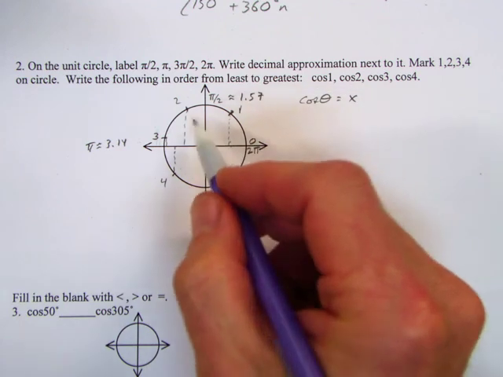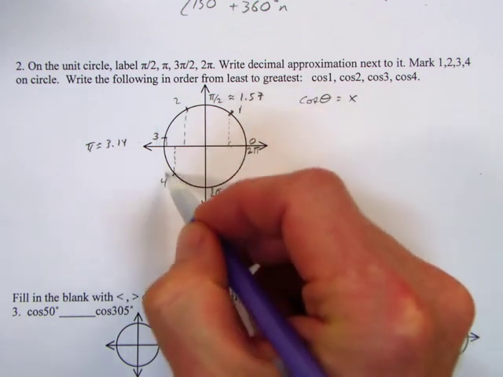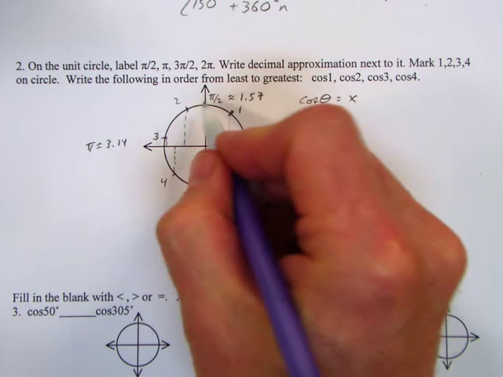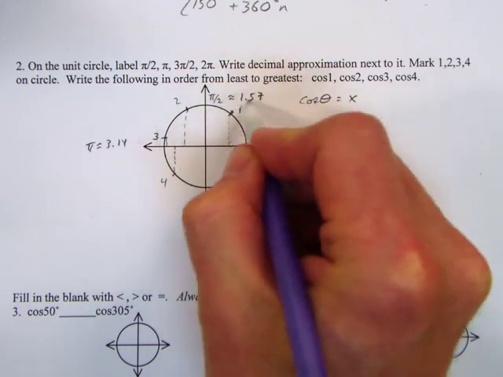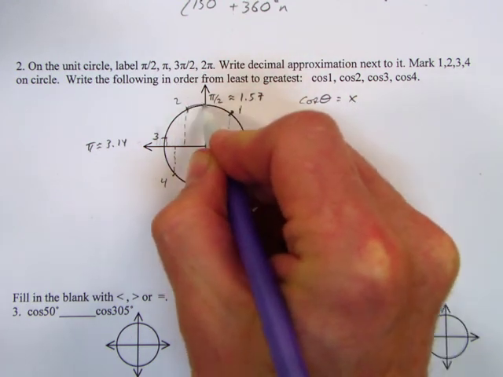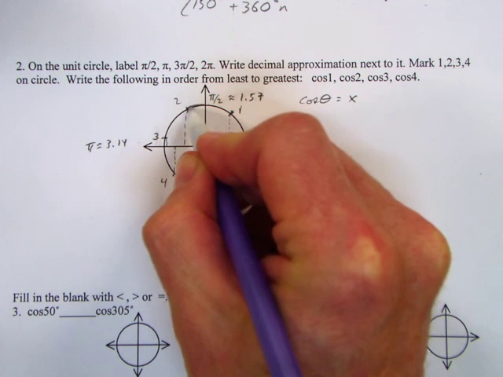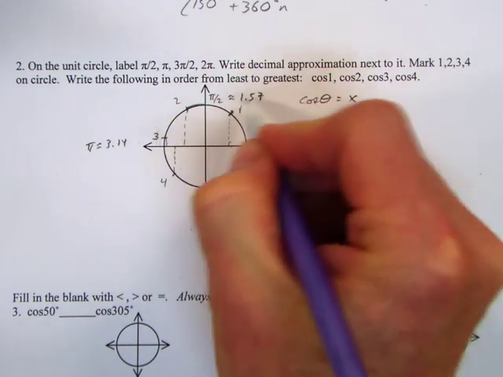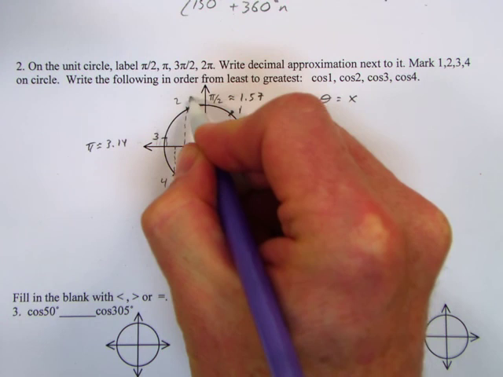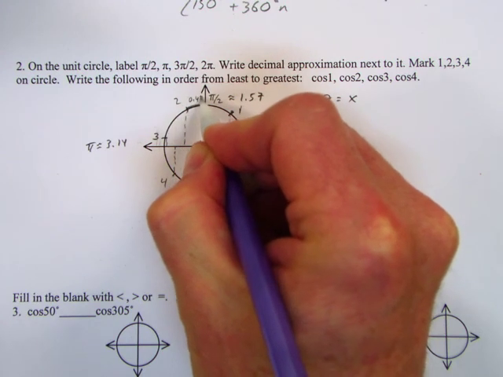Now, let's make sure to see that if I place these on the proper spot, if this is pi over 2, about 1.57, then this angle would be 2 minus 1.57, or approximately 0.43.